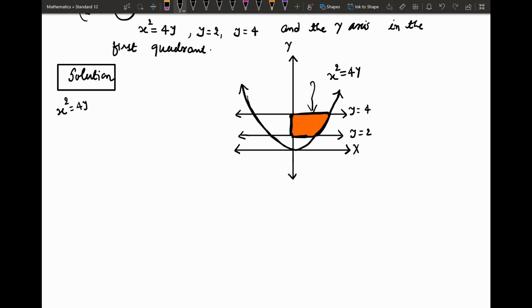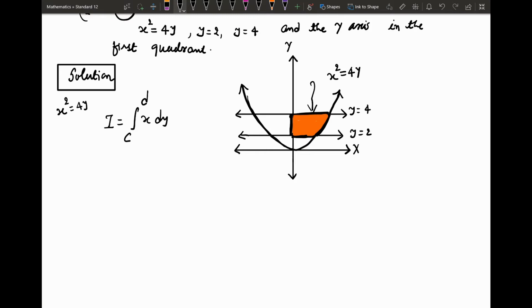Now it is bounded by the y axis, so we have to use this formula, integration c to d x dy. From the equation we have to get x as a function of y. If bounded with the x axis, then we have to use integration a to b y dx.